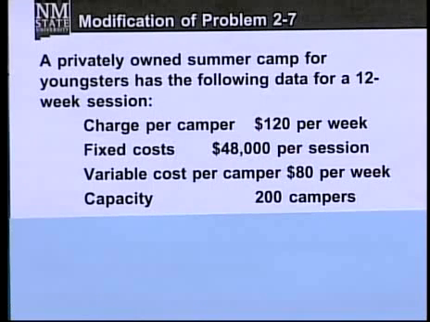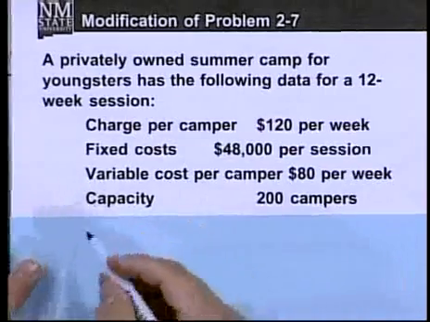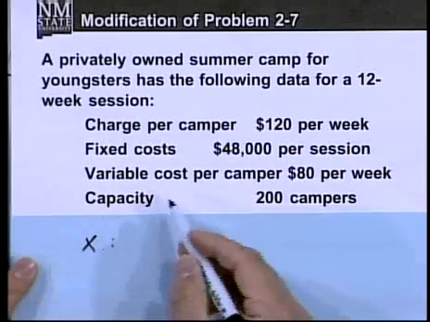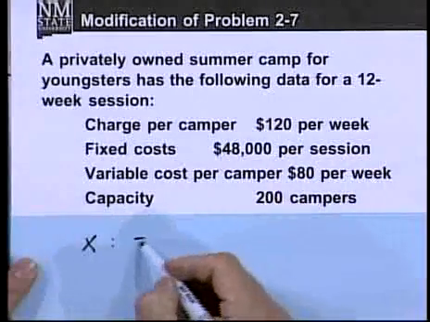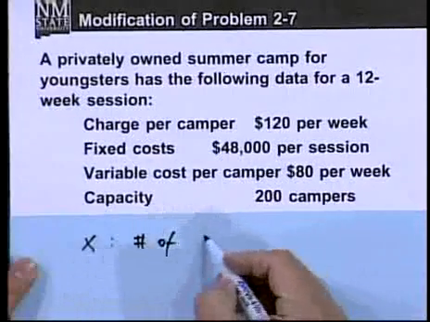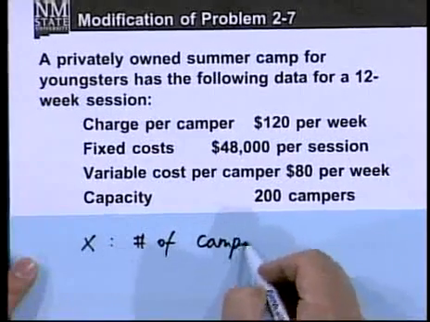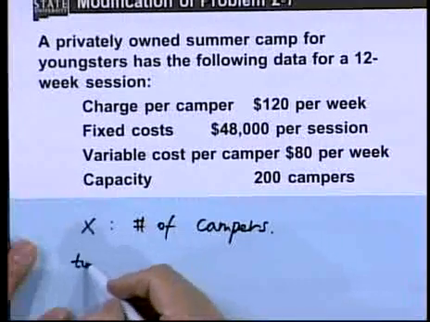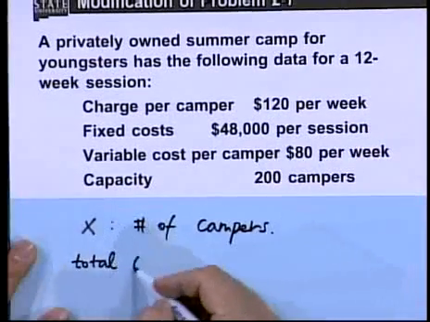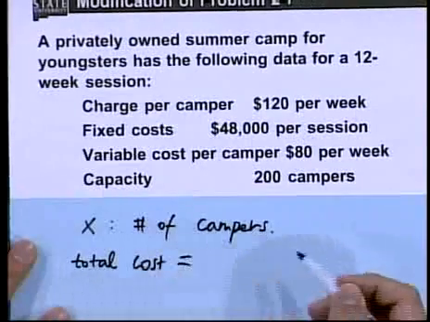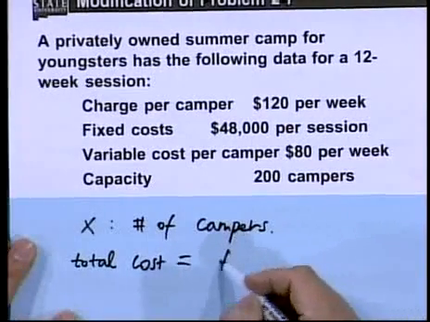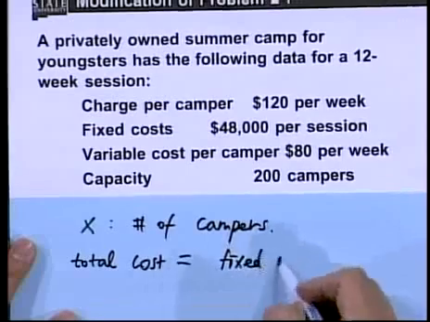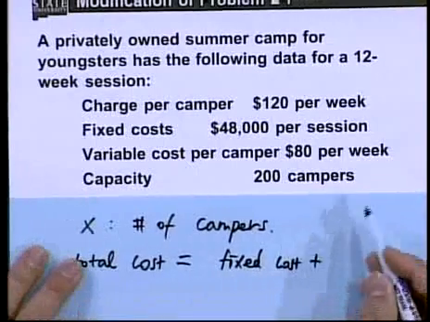So first of all, if I define X as the number of campers, then the total cost would be fixed cost plus variable cost, right?